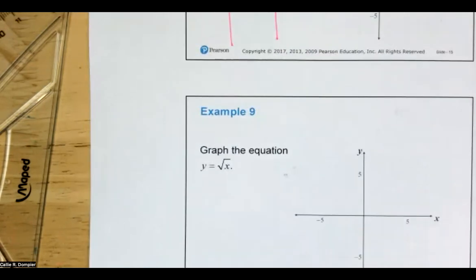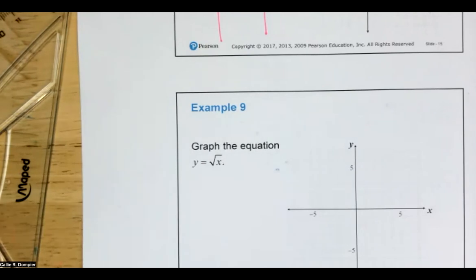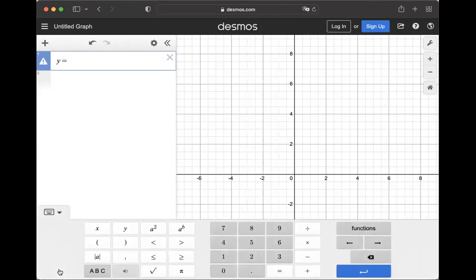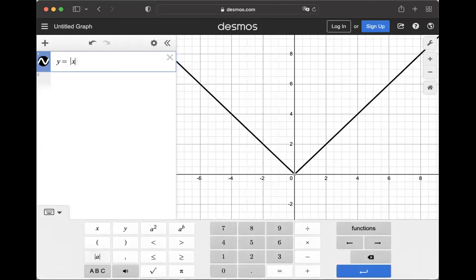Then you have y equals the square root of x. We will put these into Desmos. So we said y equals, and if you are not sure how to put it into Desmos, go down here and hit show keypad. This is your absolute value bar, the absolute value of x.